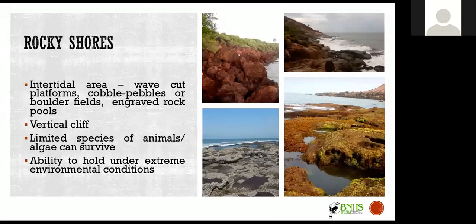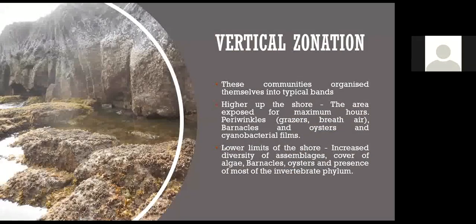I can explain here. If you can see this picture, you can see how organisms are organized in a particular fashion. So what is vertical zonation? Basically, these communities organize themselves on a rocky shore in typical bands, in the particular places most suitable for them. This is known as vertical zonation.